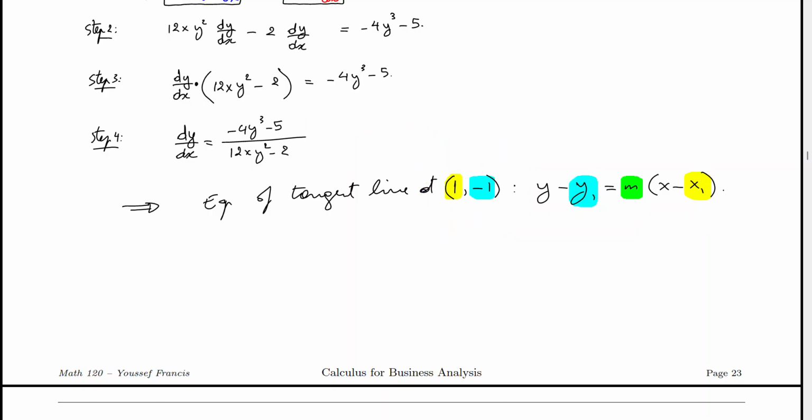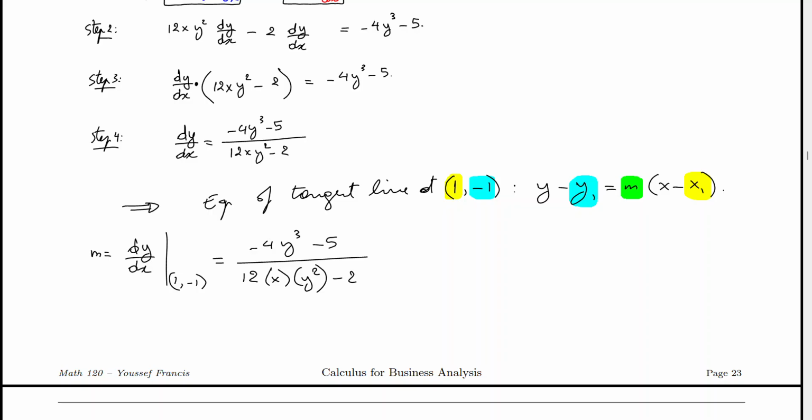So in this problem, the slope is going to be the dy over dx with the numbers 1 and negative 1 plugged in. So my equation is negative 4y cubed minus 5 divided by 12xy squared minus 2.